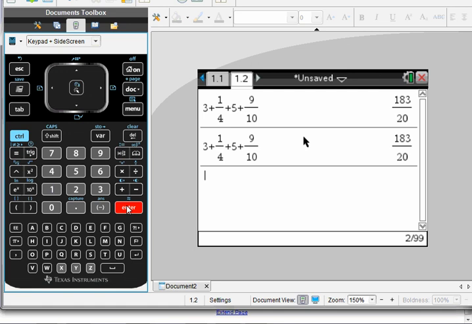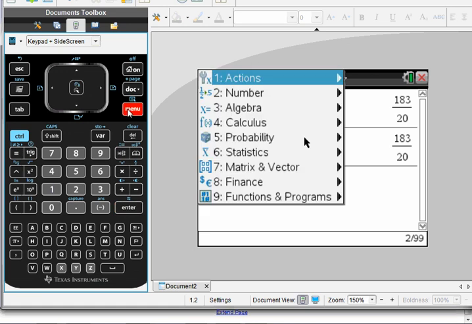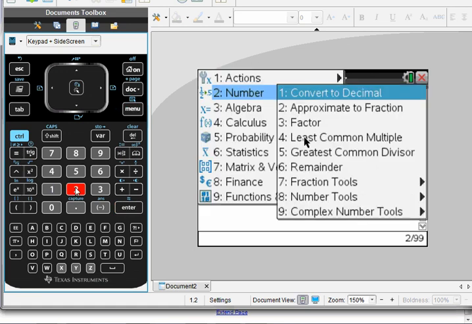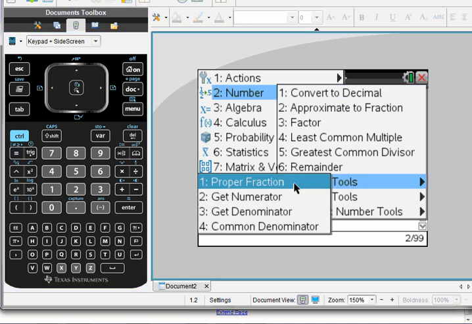I don't want an improper fraction. I want a mixed number, because maybe I'm cooking. So I'm going to press menu, and if you go under number, to fraction tools, that's this one, 7.